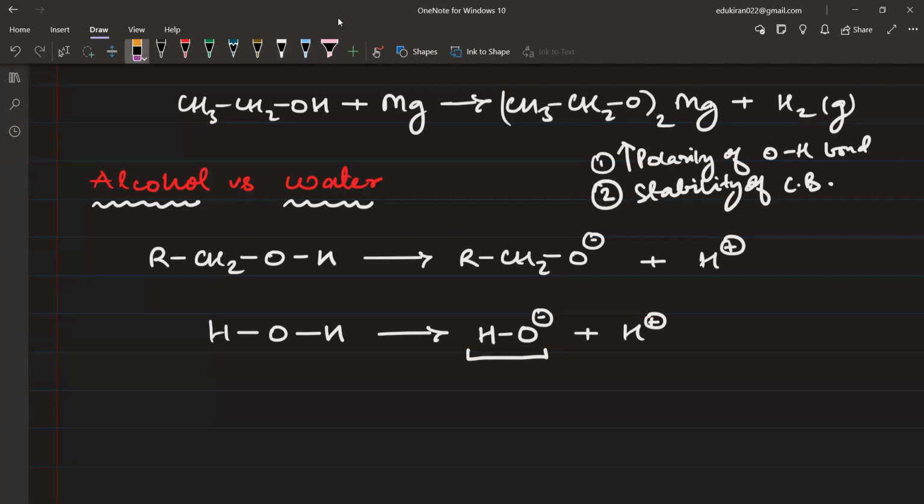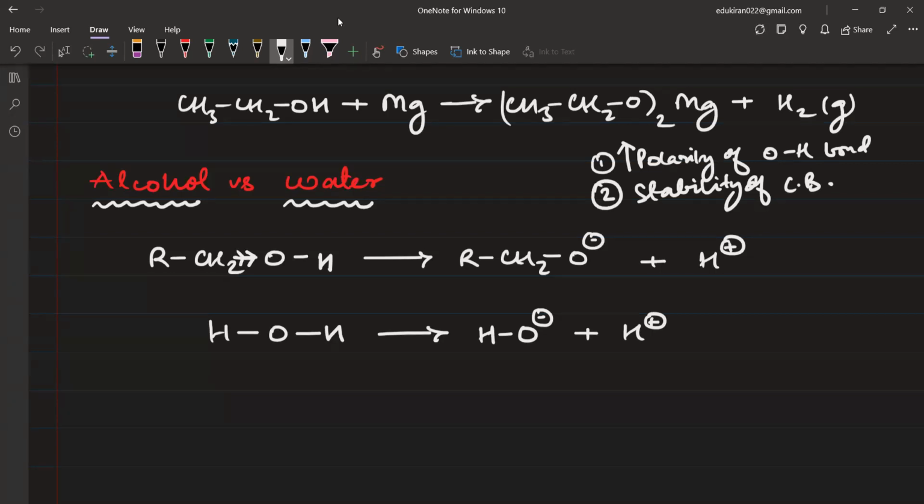So first of all, let us check the polarity of the OH bond. Now, in the polarity of the OH bond, please see, this oxygen has a tendency to pull electrons because it is electronegative. Now, this pulling of electron will already be fulfilled by RCH2, because it is an electron releasing group.